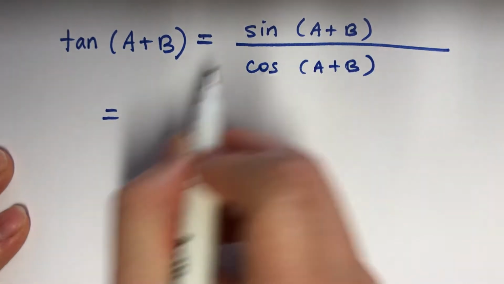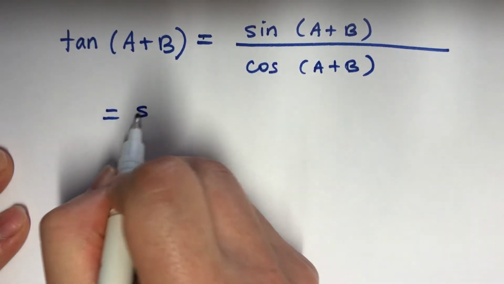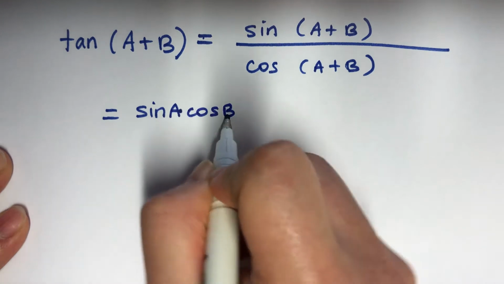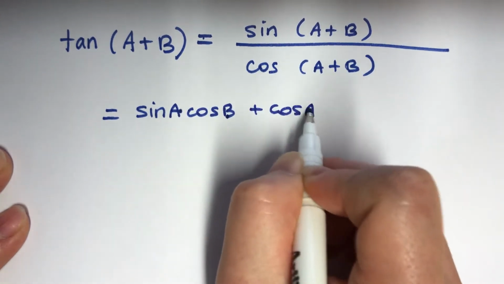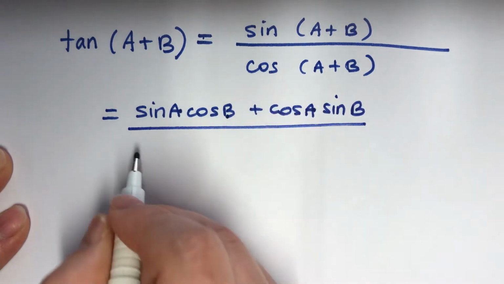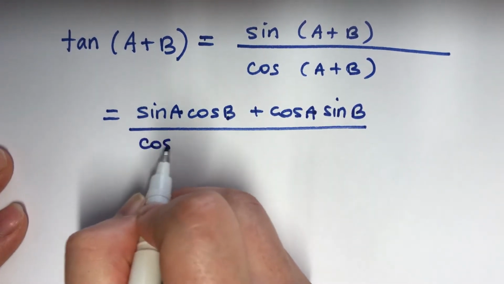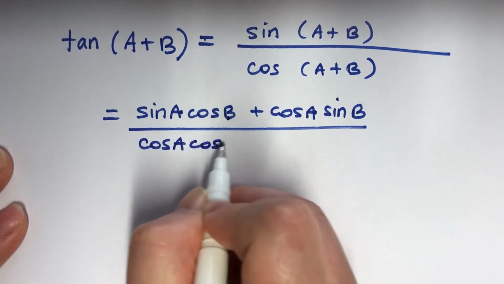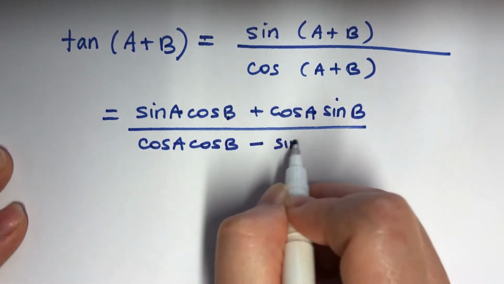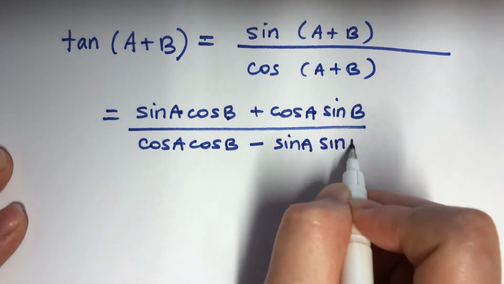Sine A plus B will be sine A cos B plus cos A sine B, okay? And same thing with this cos, it'd be cos A cos B, but it's a minus because it's plus and minus, and sine A sine B.